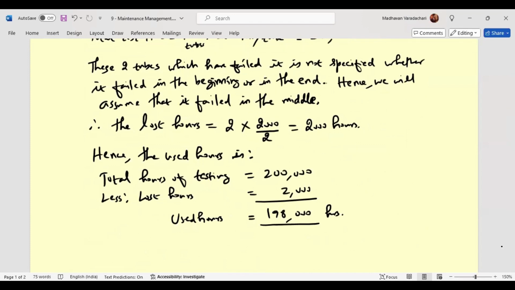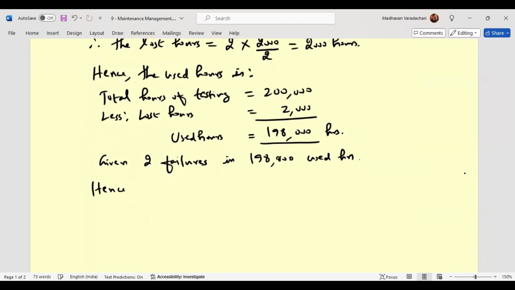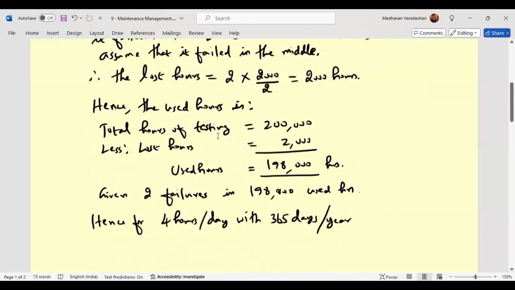So, given 2 failures in the above 1,98,000 used hours, hence for 4 hours per day, with 365 days per year, and 10,000 TV sets.